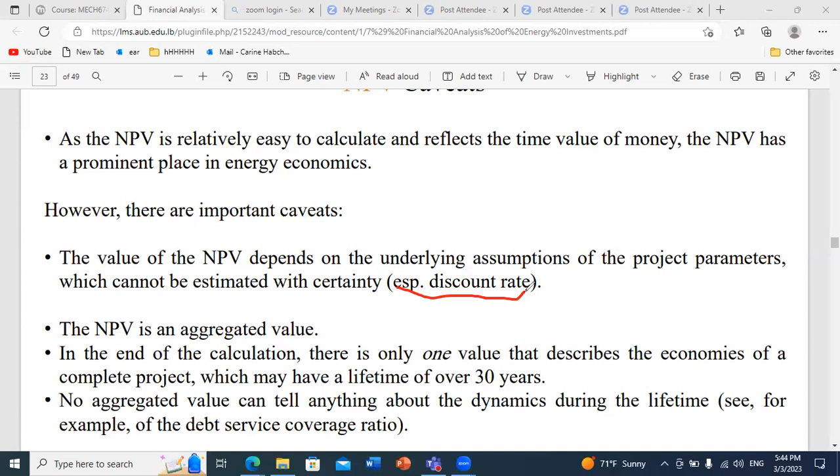This is why we should take care when we use this method, and we can do what we call the dynamic analysis. No aggregated value can tell anything about the dynamics during the lifetime. That's why we need to come up with other factors that can help us decide whether we go through a project or not. We'll see this, for example, when we discuss the debt service coverage ratio.